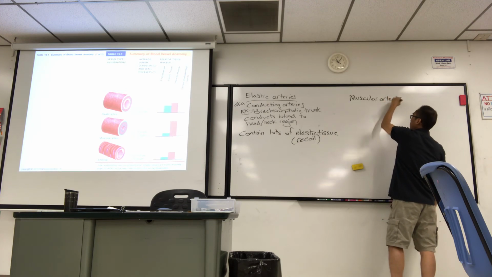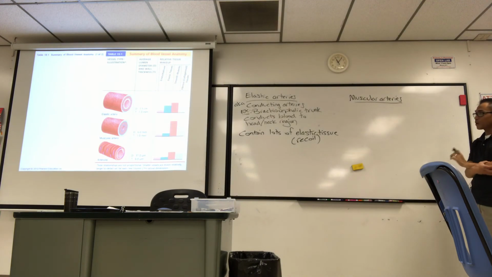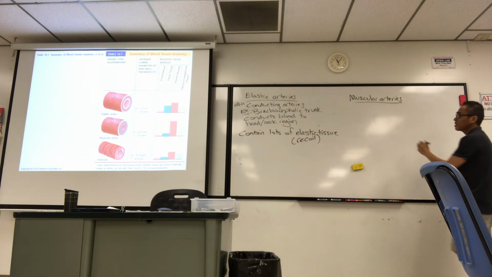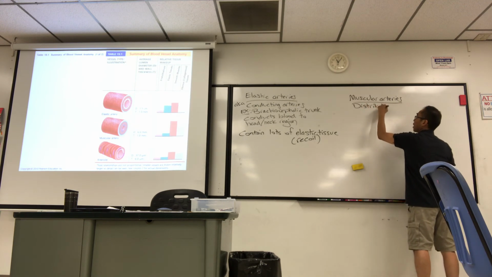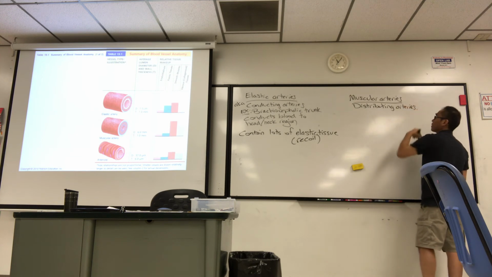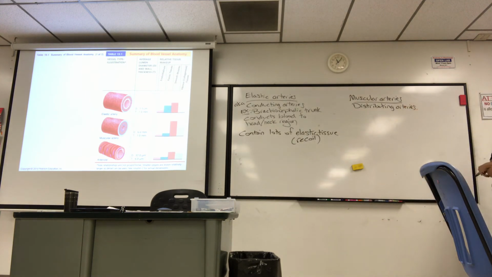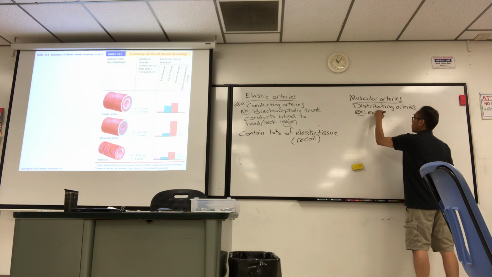We've already pointed out why they're called muscular arteries. Proportionally, they have the most smooth muscle. However, they're also called distributing arteries. For example, one of the branches off the brachiocephalic trunk is the external carotid artery. I can't get the words out.